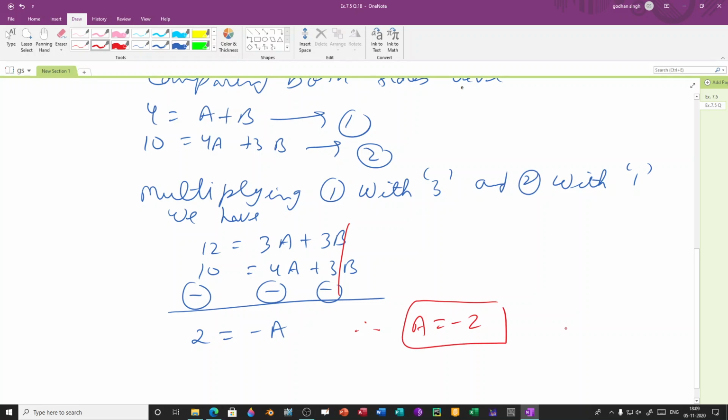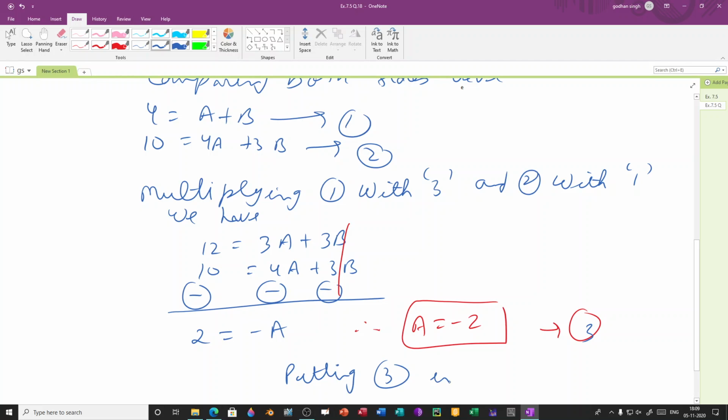Now we'll put this value of a, suppose this is the fourth one, and this is the third one. So putting a in, you can put it in either 1 or 2. I will be putting it in 1.